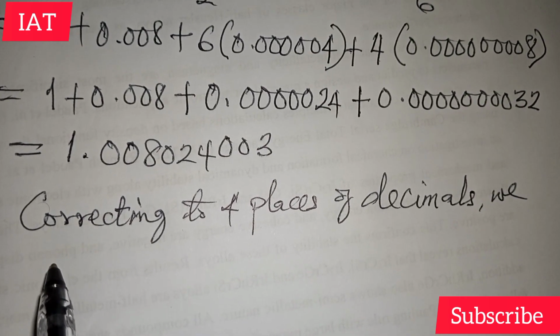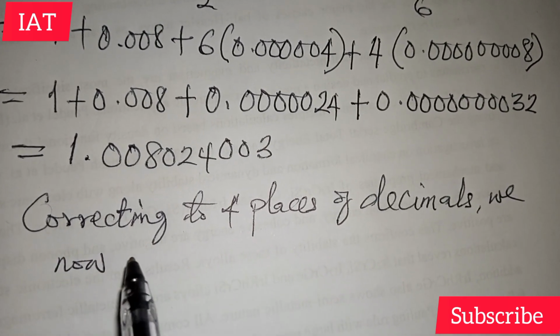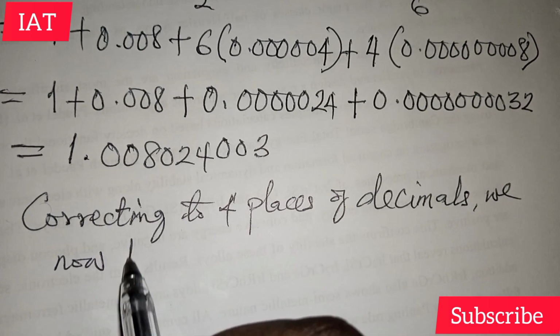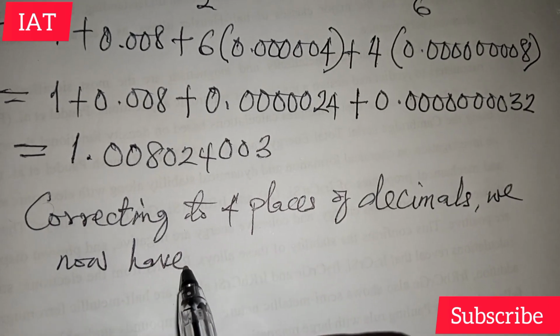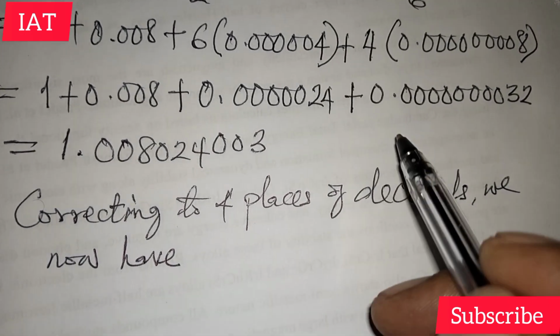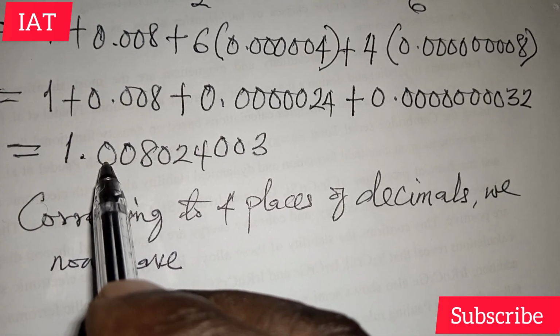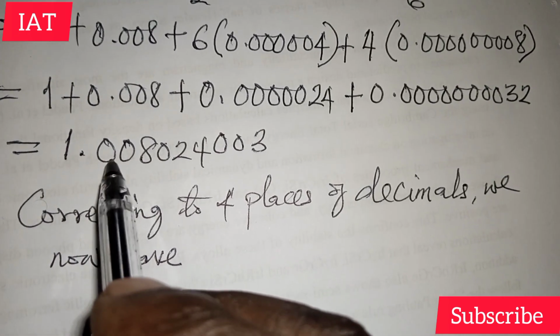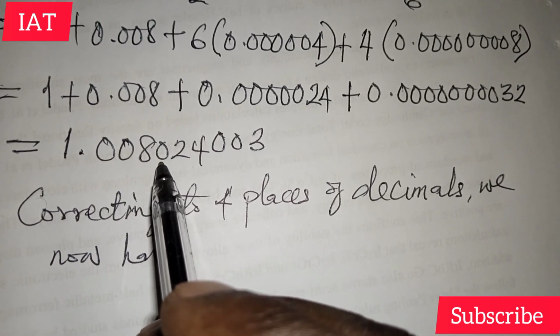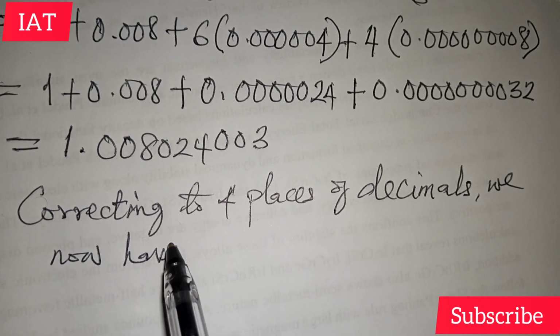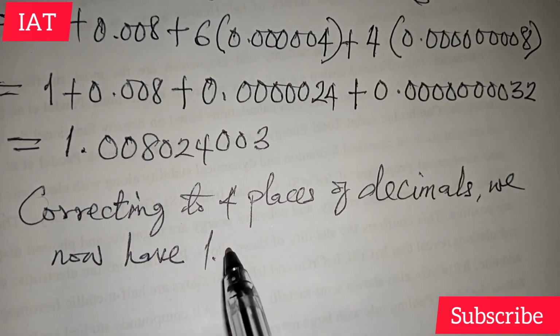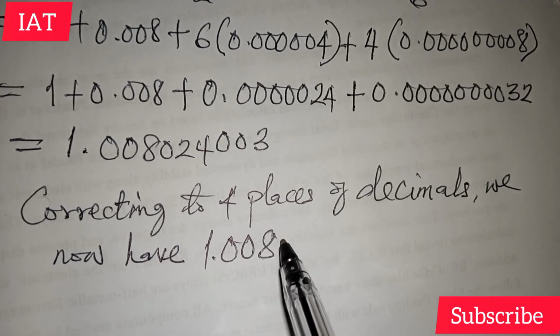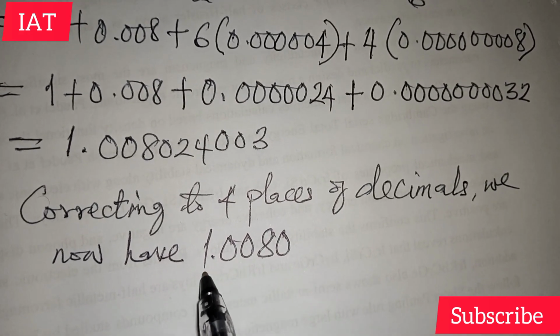Thank you for the responses you're dropping. So the final answer will be, since we have here 1 point, you just count after the decimal point, 1, 2, 3, 4, and this is the last number we're having, which is 0. So we have 1.0080 to 4 places of decimal.